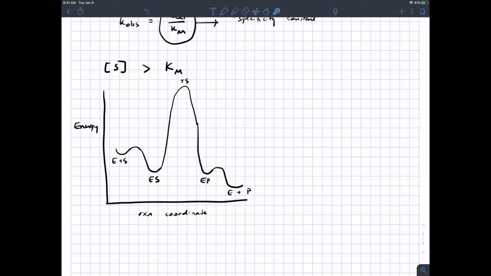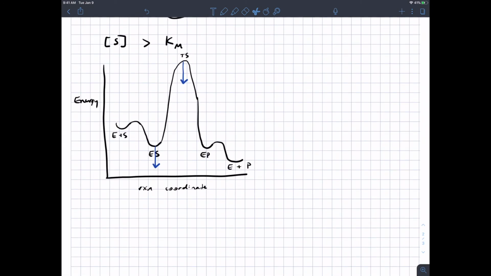When the enzyme substrate complex is more stable than the enzyme and substrate individually, if you make changes to your enzyme that uniformly stabilize the transition state and the enzyme substrate complex, so if we bring the transition state down by a couple of grid units and do the same thing for the enzyme substrate complex, we actually won't have improved catalysis at all.